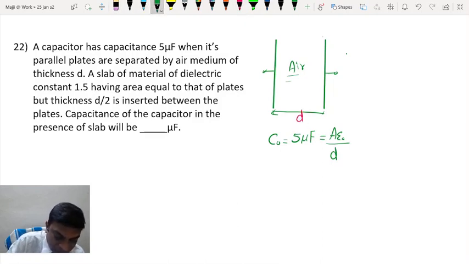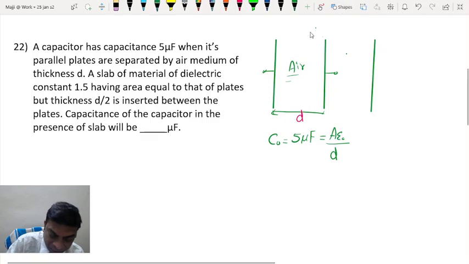Then in the next situation, it is given that it is filled with a dielectric, but not completely. Only half.